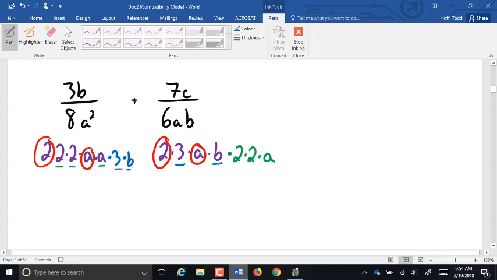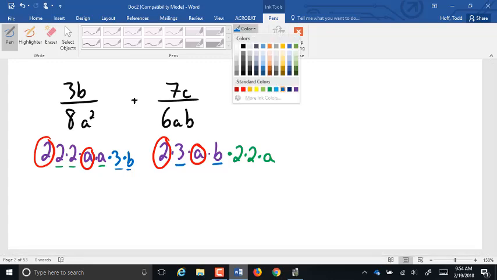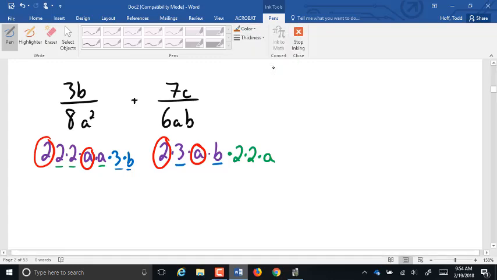Now those are in common. Now both numbers have the exact same factors. If I multiply those up, I have 2 times 2 times 3, which is 12 times 2, which is 24. A times a is a squared, and b.